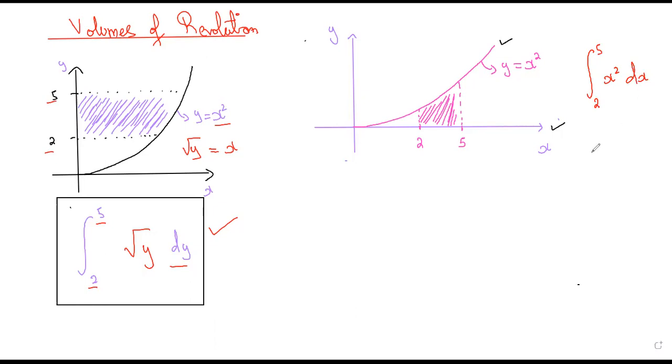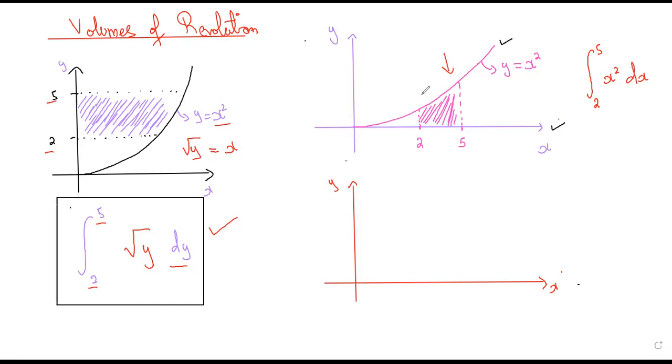From where exactly is this volume coming? Now the idea is that if I rotate, if I revolve this shaded region through an angle of 360 degrees, what am I going to get? I made this shape yesterday as well. Let me make it again. It's y, this is x. Just pay attention.